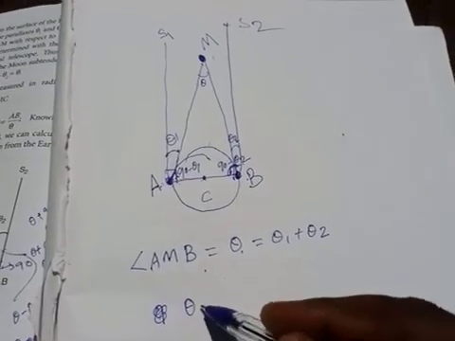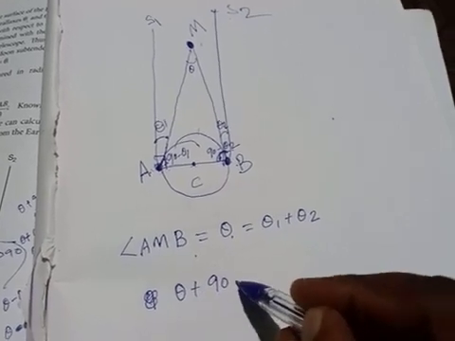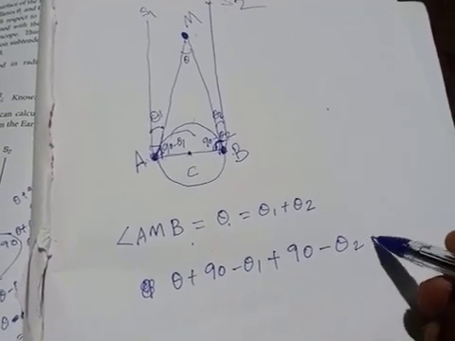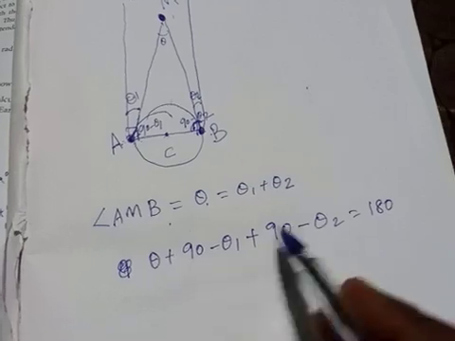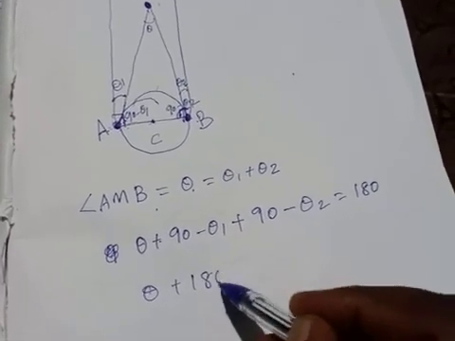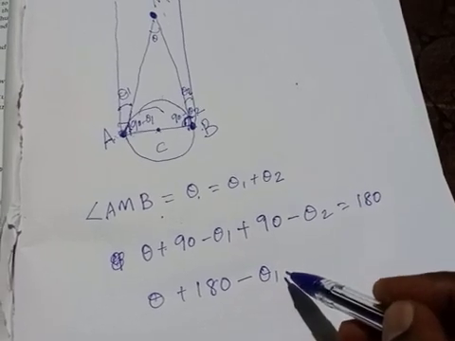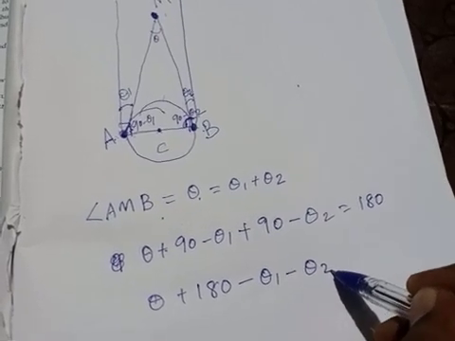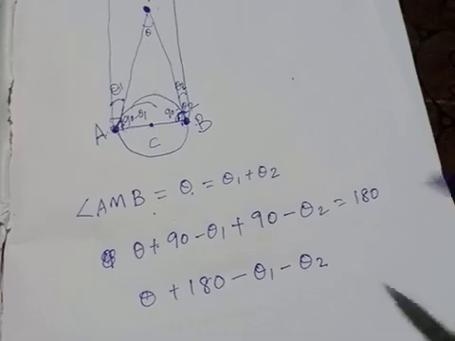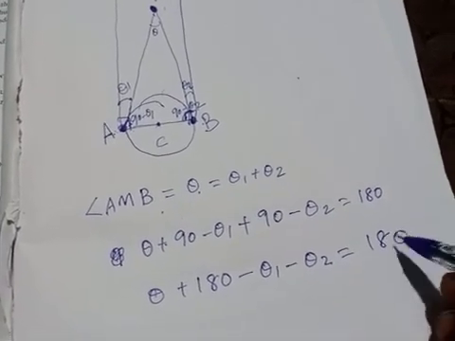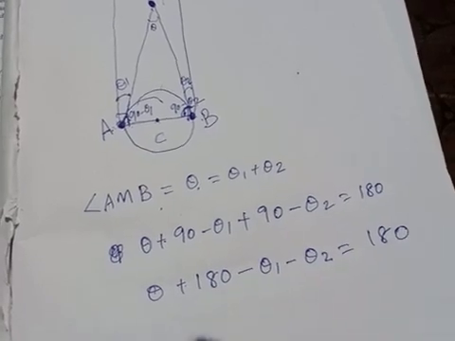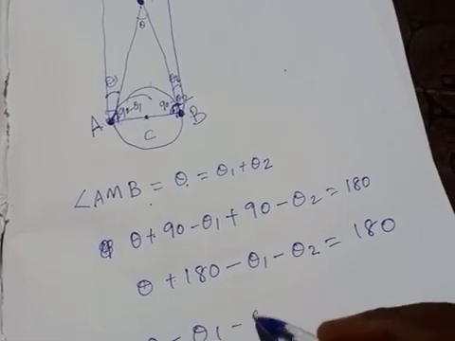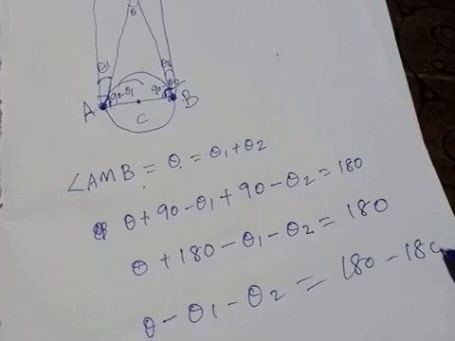Theta plus 90 minus theta 1 plus 90 minus theta 2 is equal to 180 degrees. 90 plus 90 is 180, so theta plus 180 minus theta 1 minus theta 2 is equal to 180. Now this 180 will go this side, so this will come: theta minus theta 1 minus theta 2 is equal to 180 minus 180.